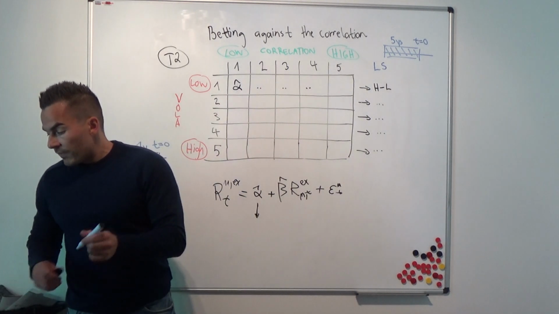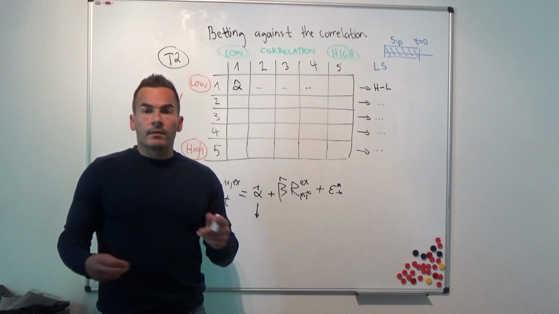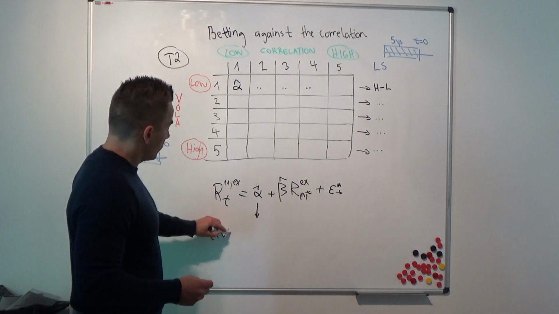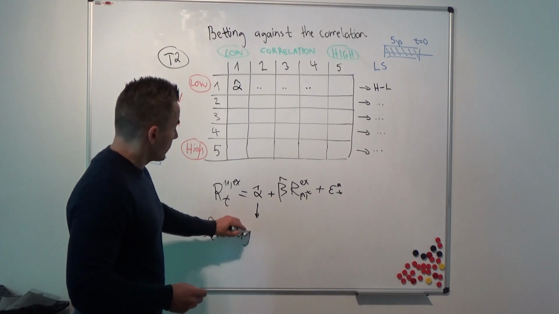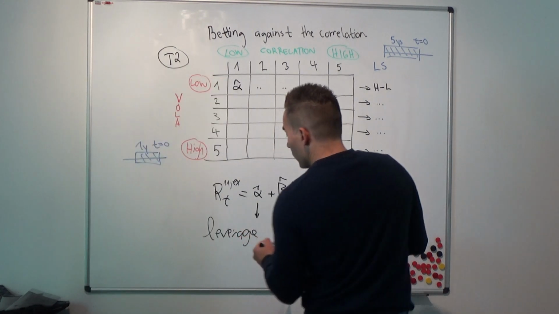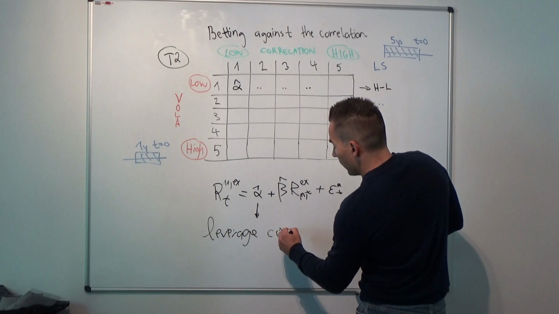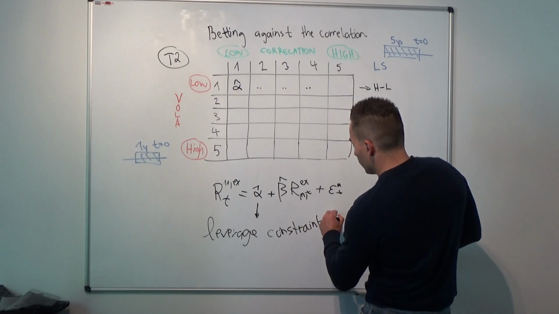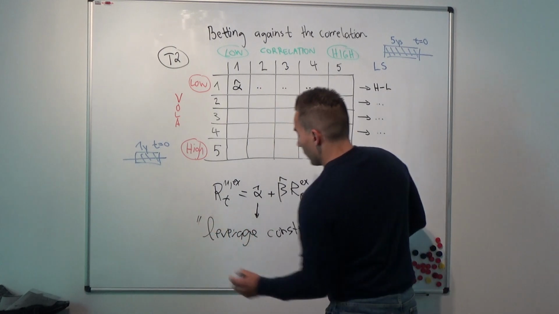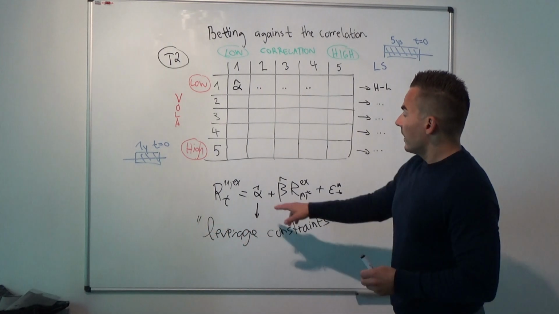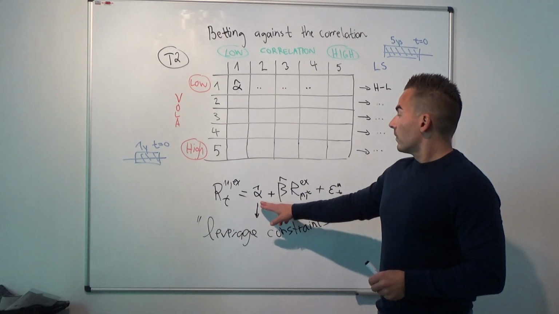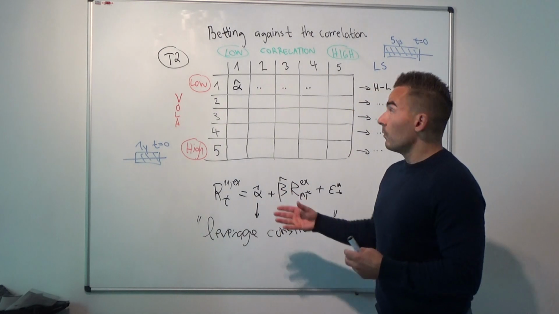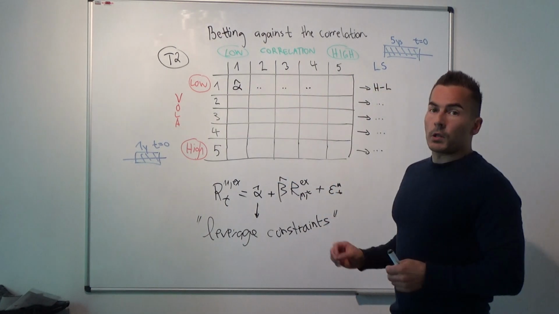And they argue, if you want to test leverage constraints, so if leverage constraints is the underlying theory, that would mean that the alpha should be positive between low and high correlation stocks.